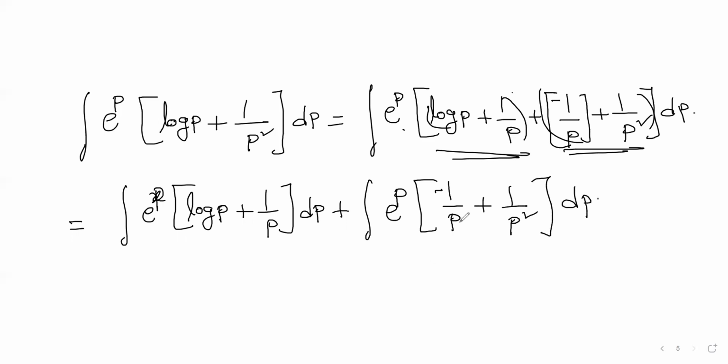These are the two integrals now, set 2 being the second. And now what is the derivative of log p? It is 1/p. So the first integral is evaluated: it is e^p log p, that is my f(x). That is my first part.